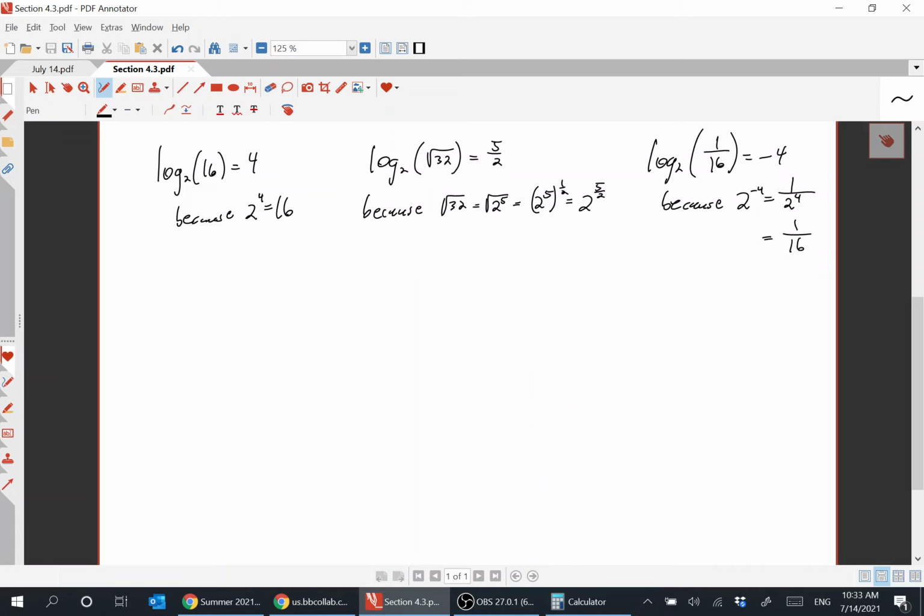So the way the logarithm is defined now yields the following.